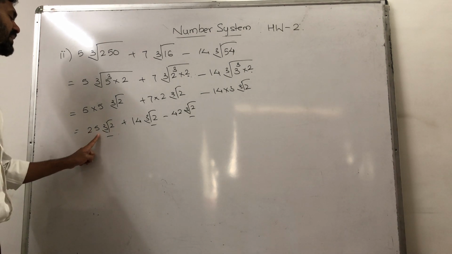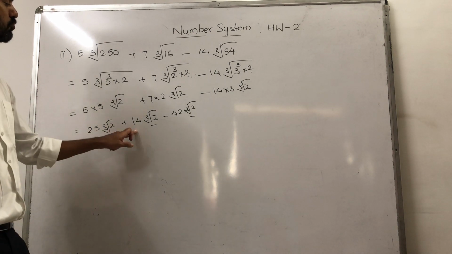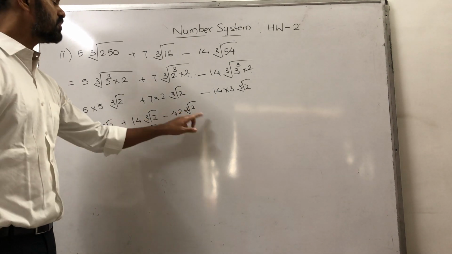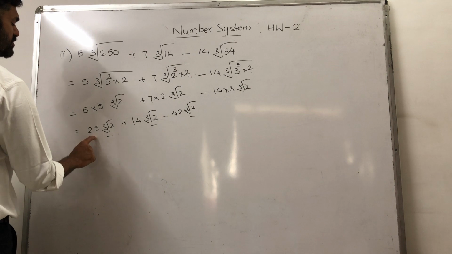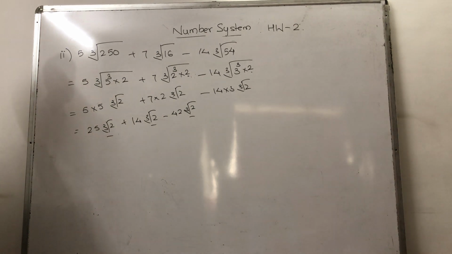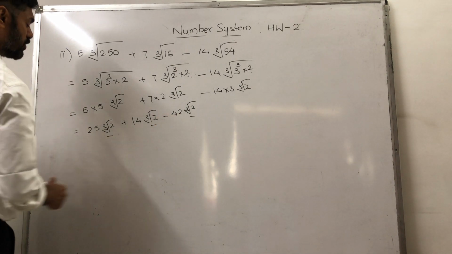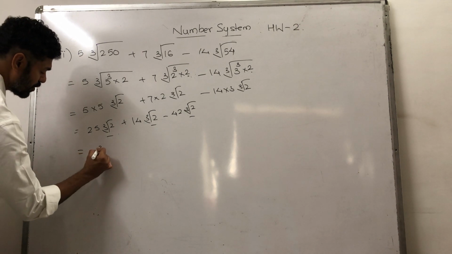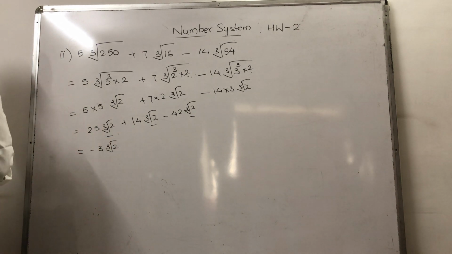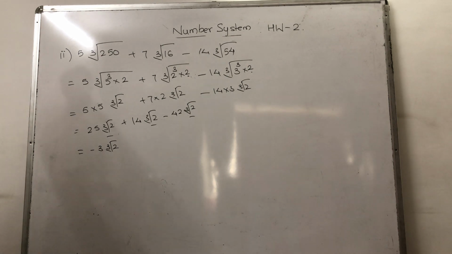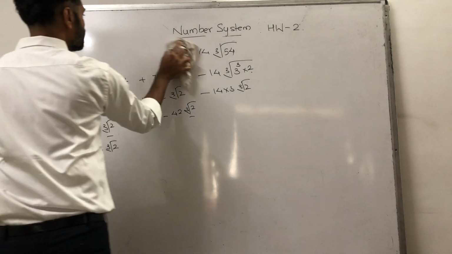When we add their coefficients, 25 plus 14 is 39. 39 minus 42 is minus 3. Your answer is minus 3 times cube root of 2. That was the second sum of question number 9.